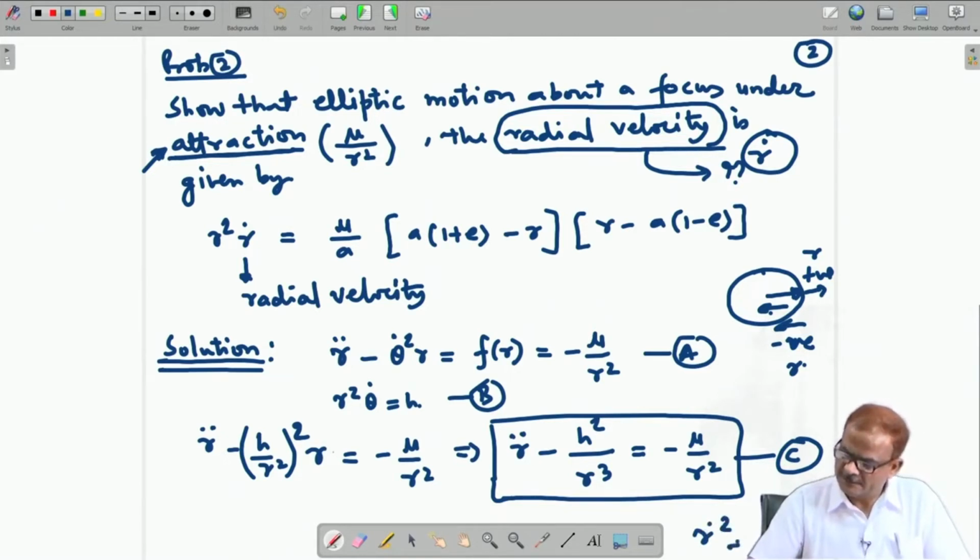If we differentiate this, it will result in 2 r dot times r double dot. So, what we will do is multiply it with 2 r dot and then integrate it, so that after integration we get this quantity.